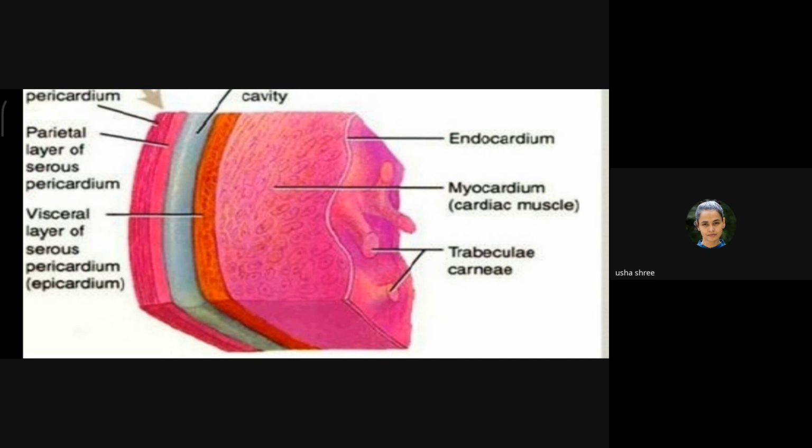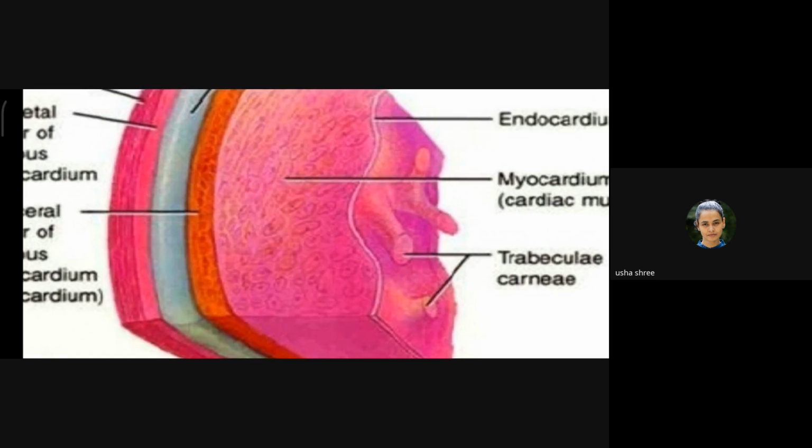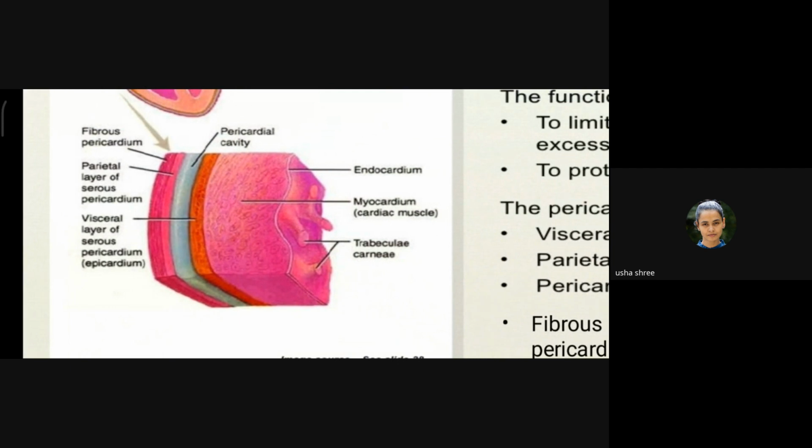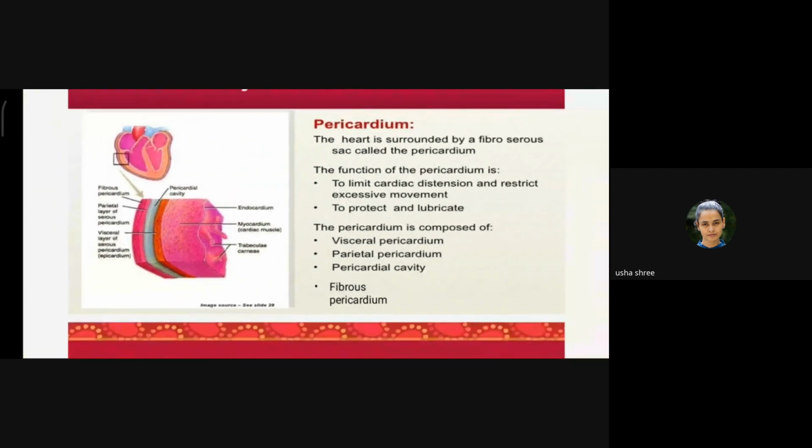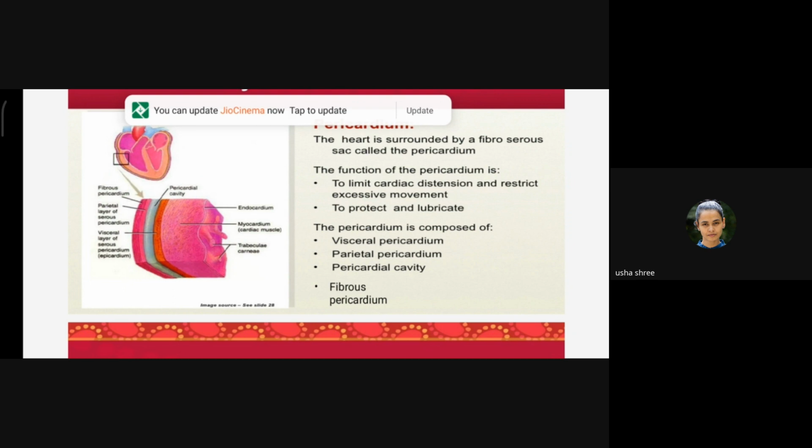Okay, is it clear? Yes. Can you zoom out, ma'am? Okay. So the first layer is fibrous pericardium, beneath that there is parietal pericardium, and the third one is the pericardial cavity, and under that there is the visceral layer which is called epicardium.